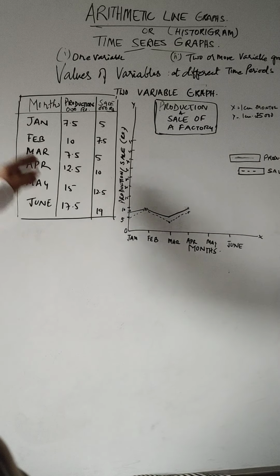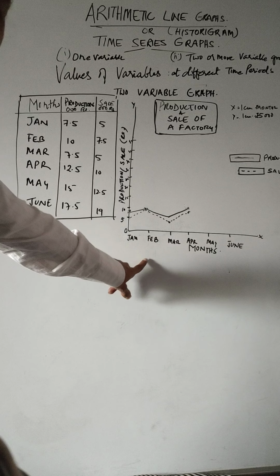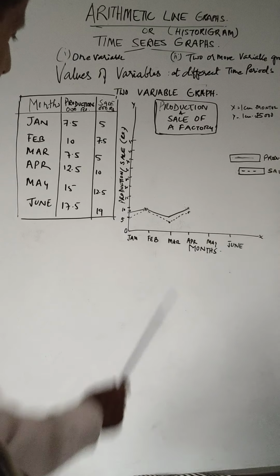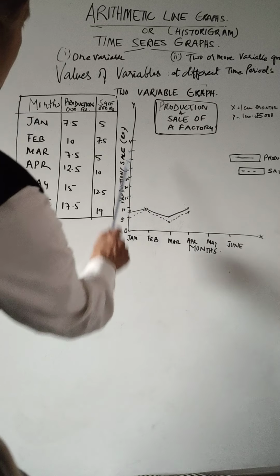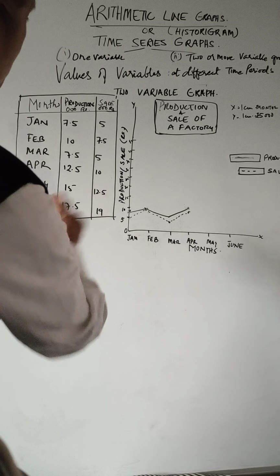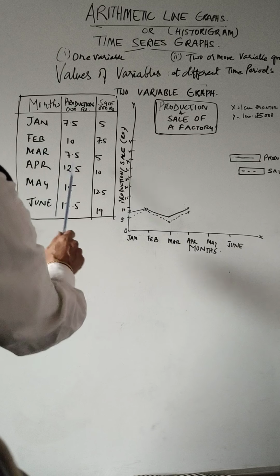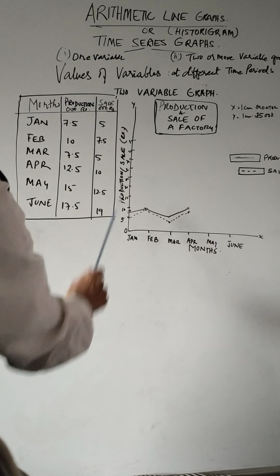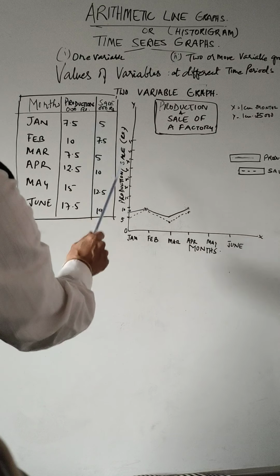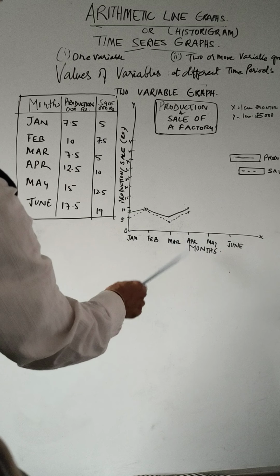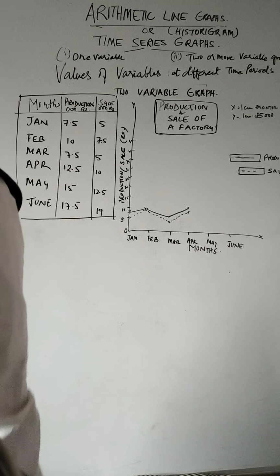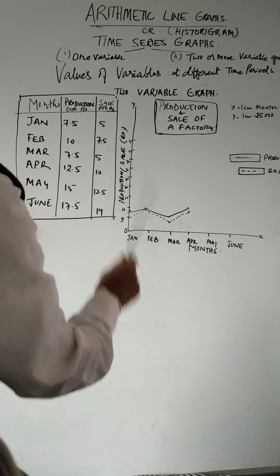So here again, this is the independent variable, and these are dependent. Which are the dependent variables here? The production of the factory and the sale of the factory. These two are shown as dependent on the different months. So what is a time series graph?